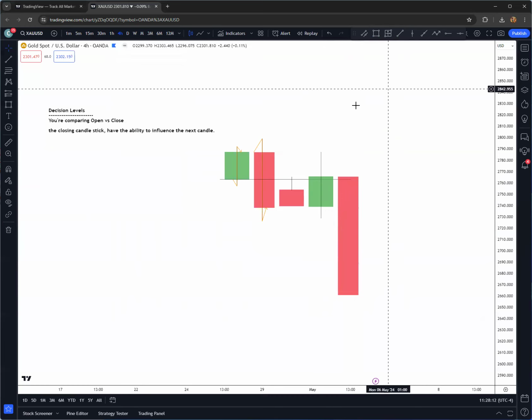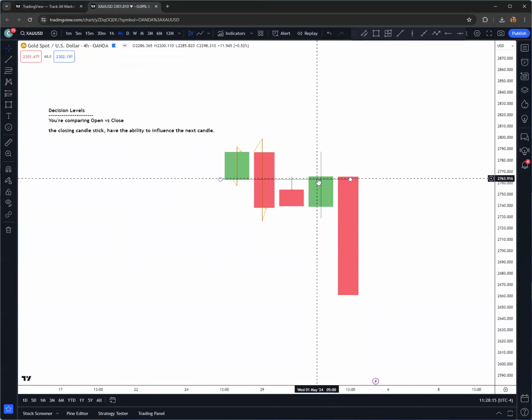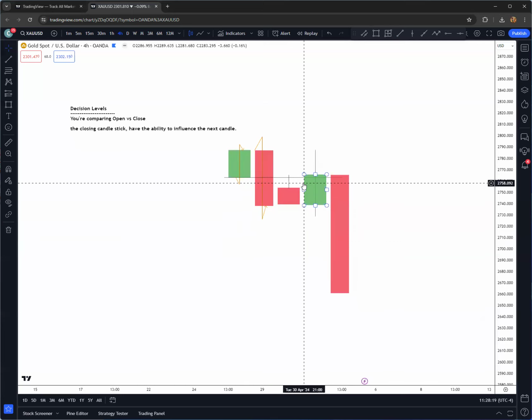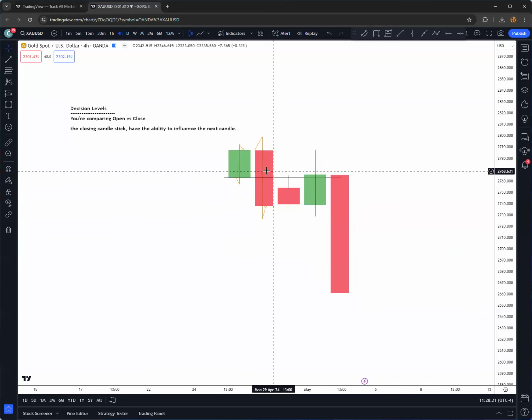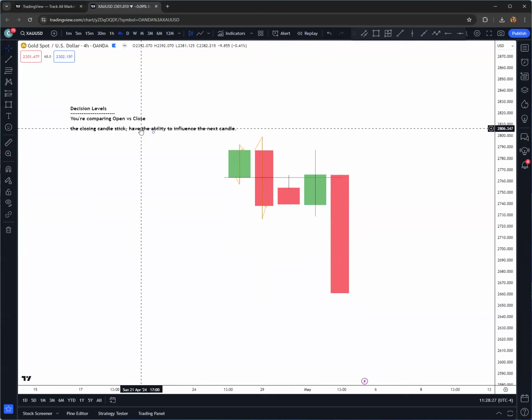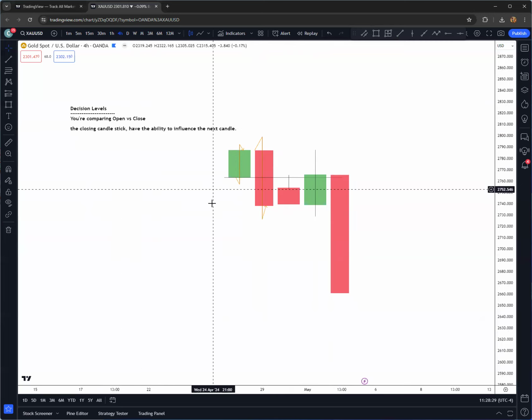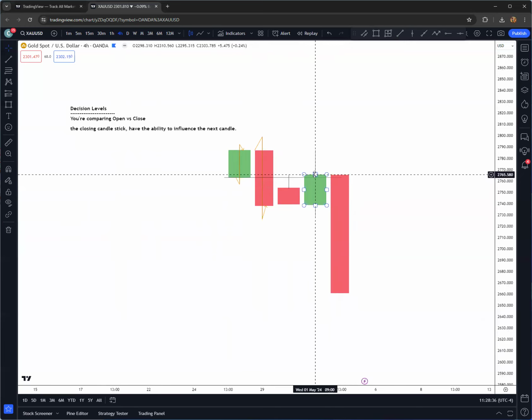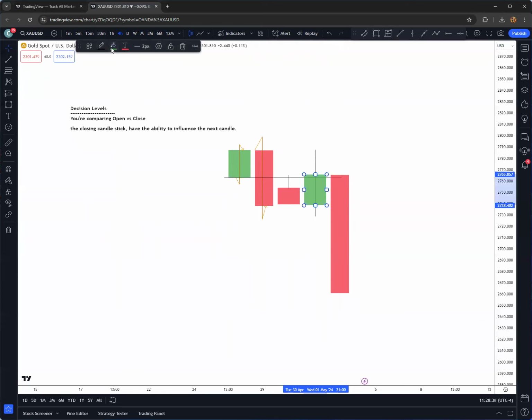So when you trade decision levels, you're looking to see what the closing of the candle did versus the open. That's all the decision level is. So now, let's say that this candle here was red.